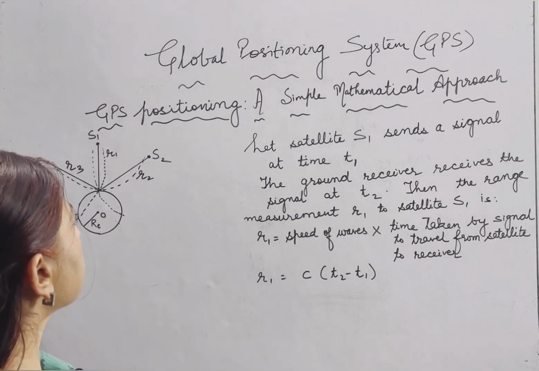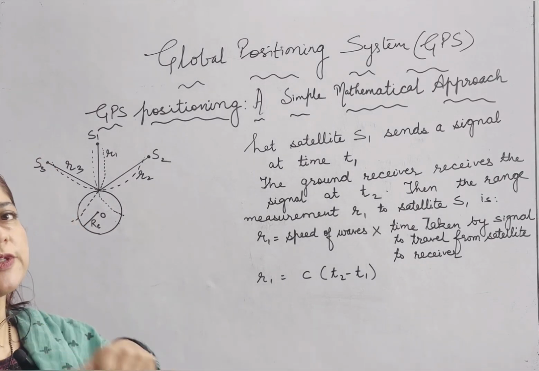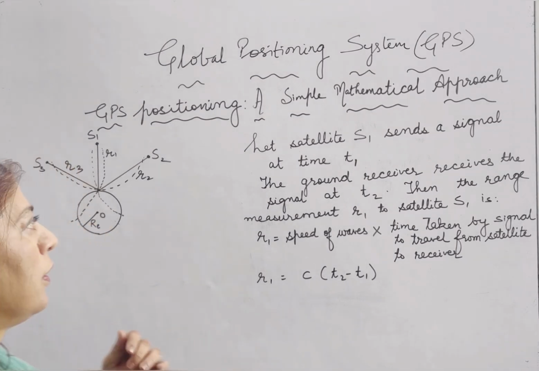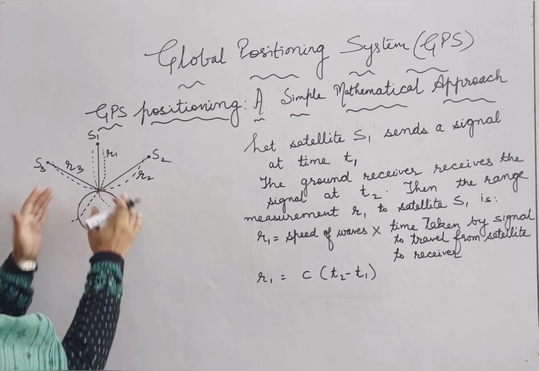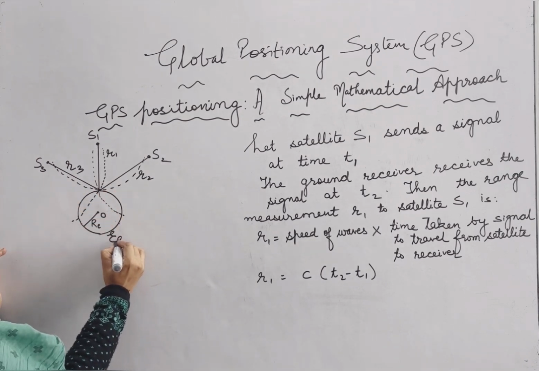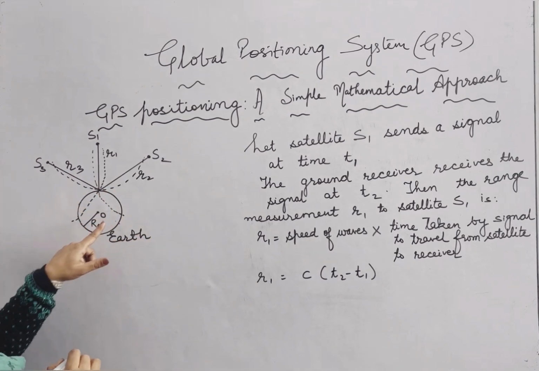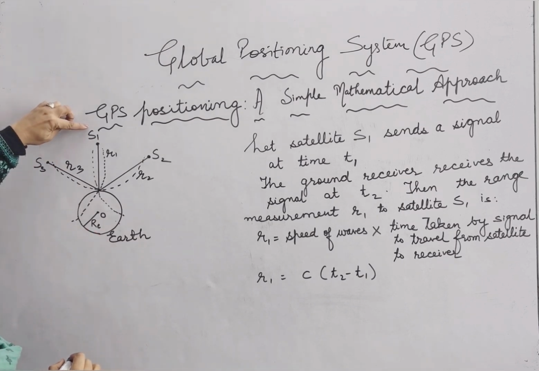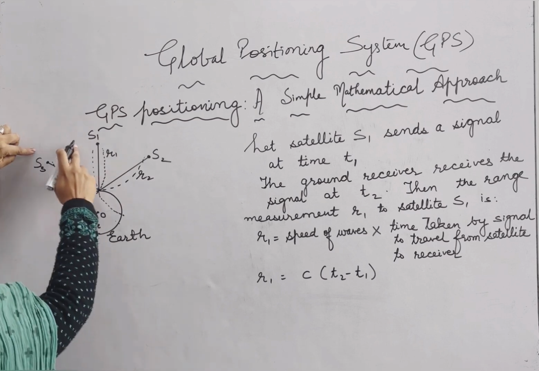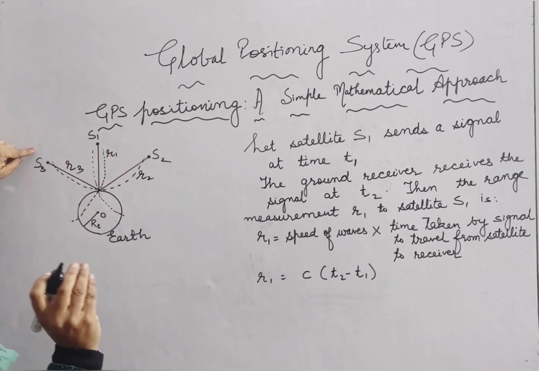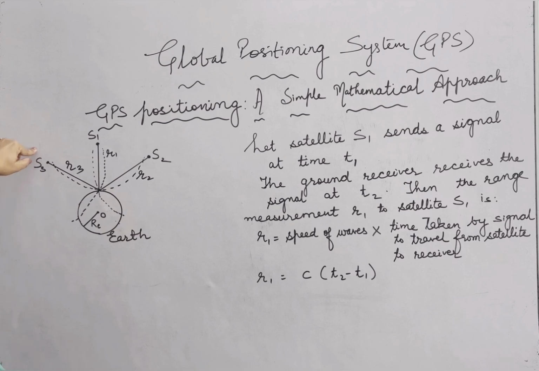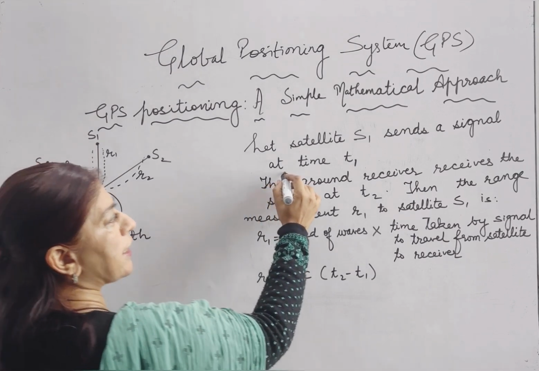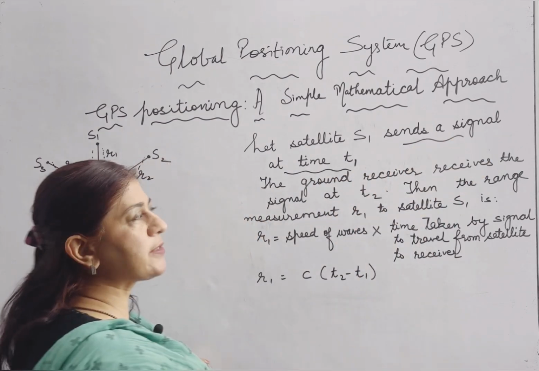Now, let us understand how this GPS system is doing all this positioning. It's a simple mathematical approach. First we are considering this as the earth. O is the center and RE is the radius of the earth. Now let S1, S2 and S3 be the three satellites, for instance, we have taken. Now this S1 satellite is sending a signal, say at time T1, it has sent the signal.